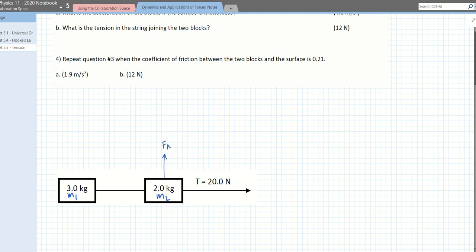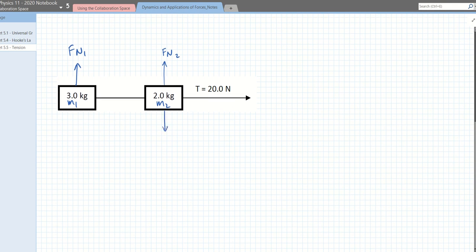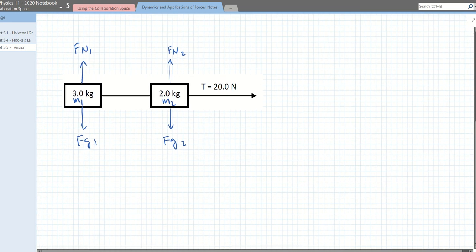So this is going to be Fn2, Fn1, and then we're also going to have gravity, Fg1, and then we're going to have tension this way, tension that way.